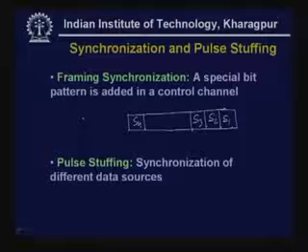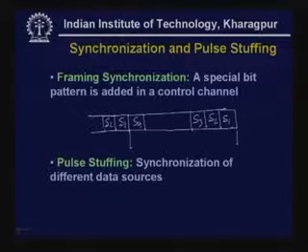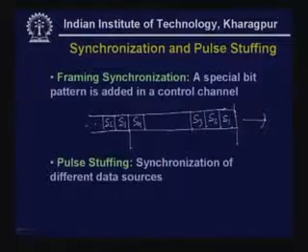Then of course, another stream is coming; this is one frame and this is another frame, source 1, source 2, and this is being sent. Now, the question arises: how does the receiving end identify that this is the beginning of a frame? And after the beginning of a frame is identified, then of course the data from each of these sources can be taken out, provided they operate at the same frequency.